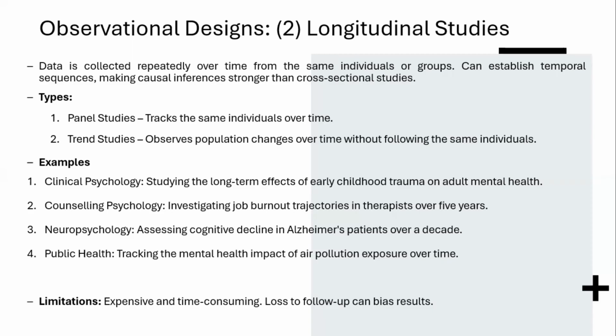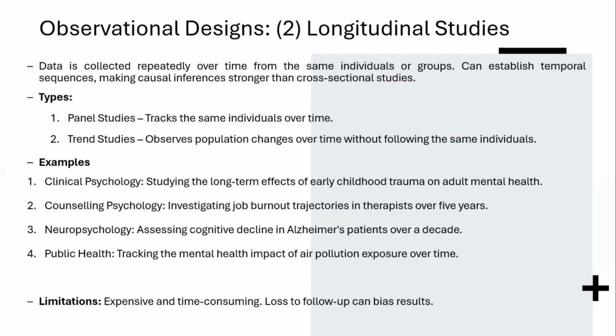Trend study means that in some community, you can collect data from 200 people every month, but they need not be the same 200 people you collected the first data from. Let's say in Ghana, if you want to study happiness level every year, you can select 1,000 people, and every year select 1,000 people.